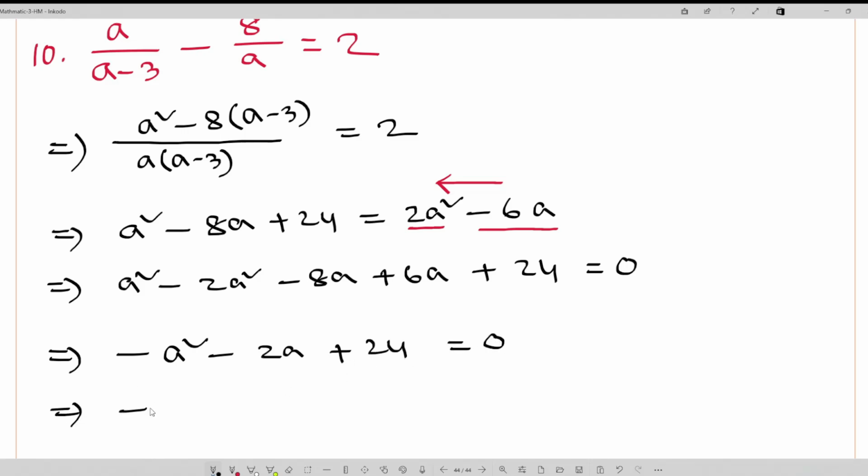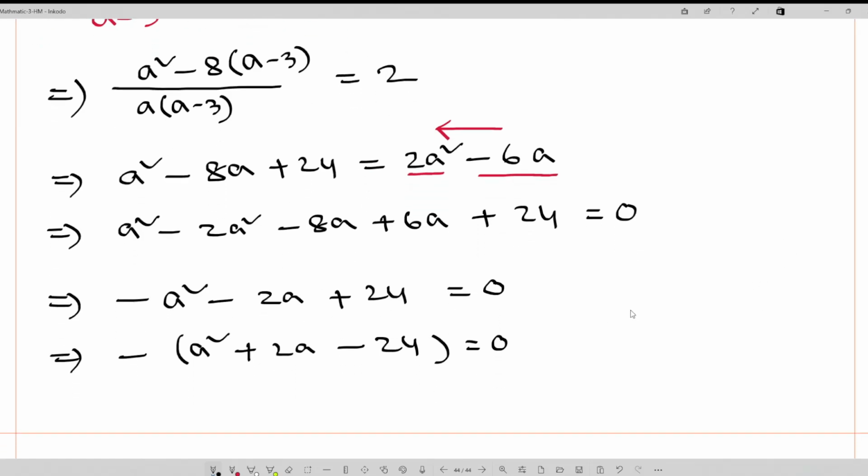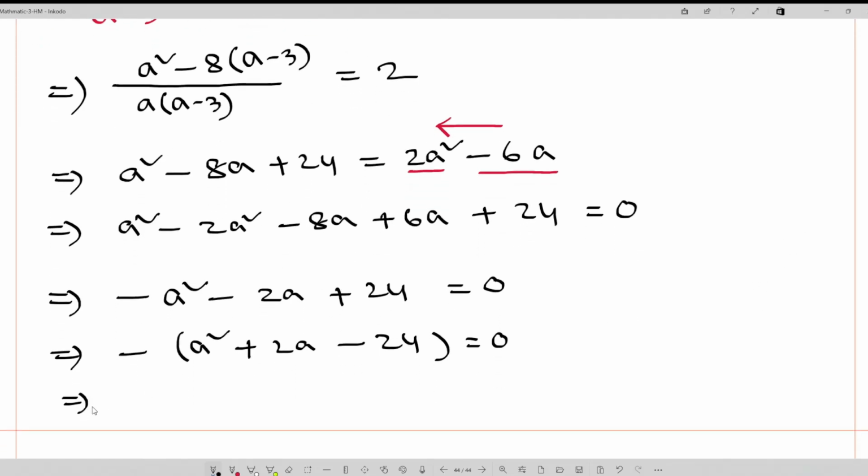If we take a common minus, here is a square plus 2a minus 24 equals 0. If we multiply both sides by minus 1, it will become a square plus 2a minus 24 equals 0. So this one we will factorize.